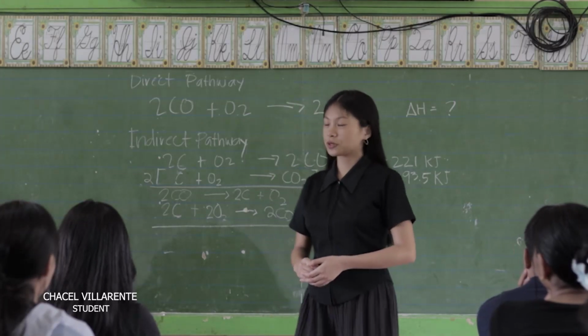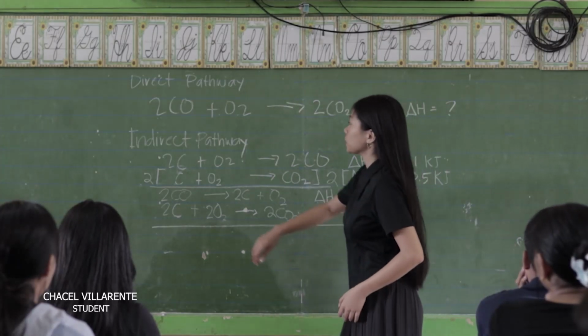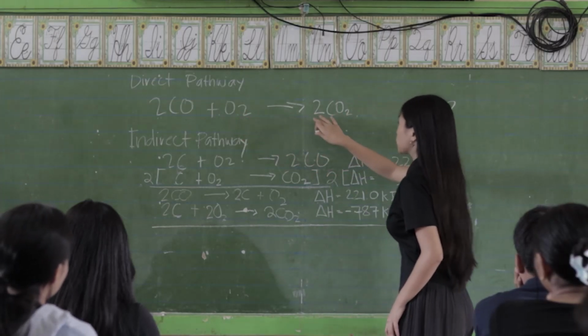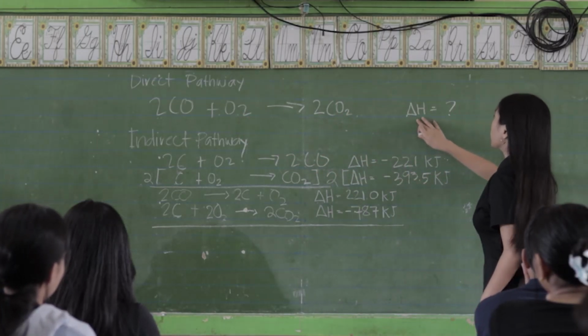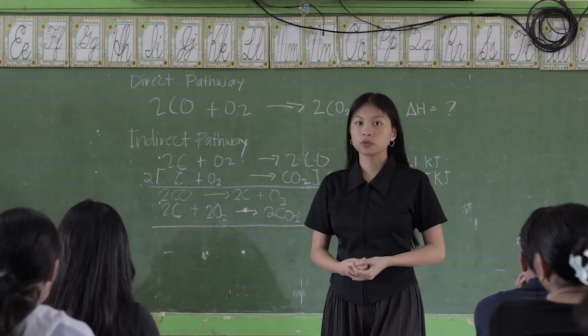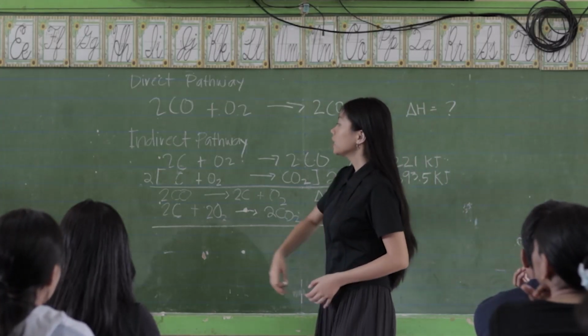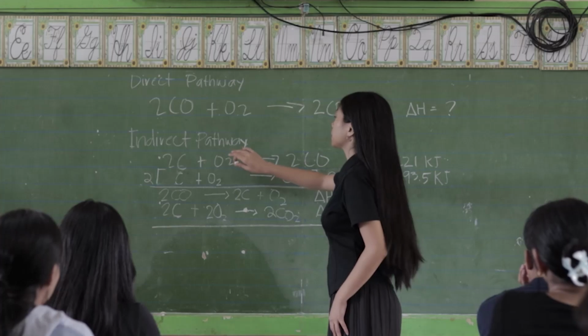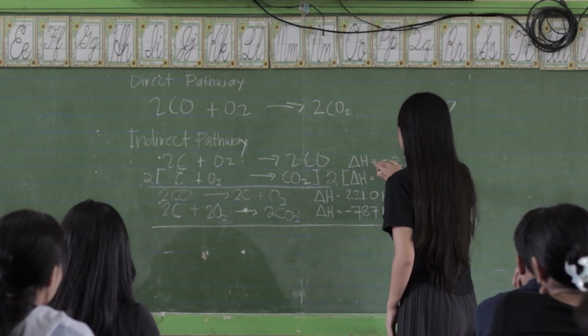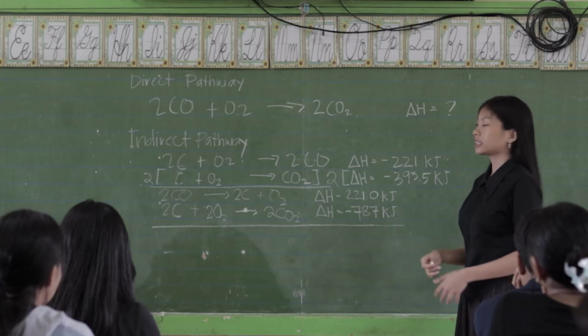So first, let's proceed to the direct pathway, in which we have 2 carbon monoxide plus oxygen gas yields 2 carbon dioxide, and we need to find the enthalpy change for this reaction. In order to proceed, we must have our indirect pathway, in which we have 2 carbon plus oxygen gas yields 2 carbon monoxide, which has an enthalpy change of negative 221 kJ.